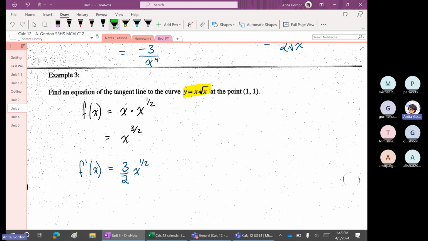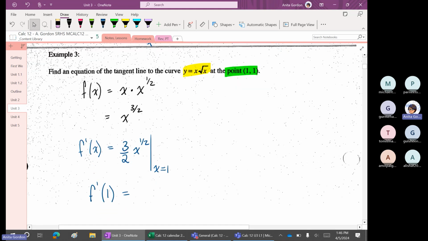And they have given us a specific point. So I want to evaluate this at x equals 1. So f prime evaluated at x equals 1 gives me 3/2.